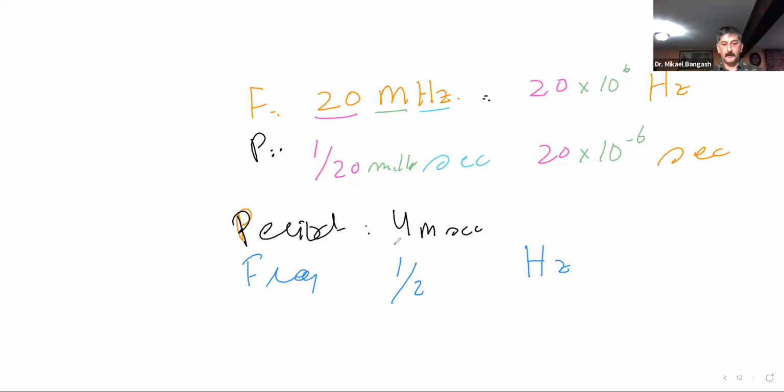Oh, we can do it this way: 1/4 of a megahertz. Well, it's going to be weird to say 1/4 of a megahertz. So 1/4 is going to be 0.25.